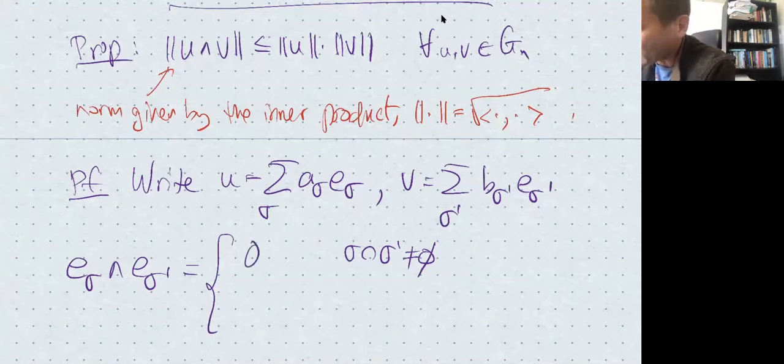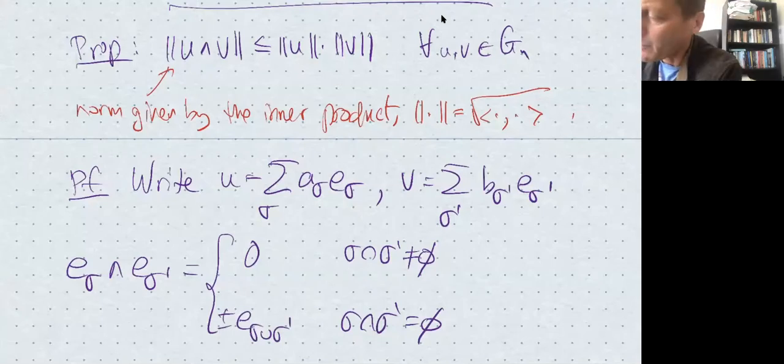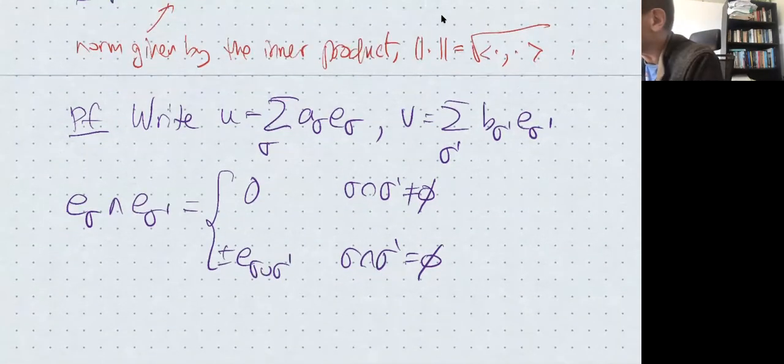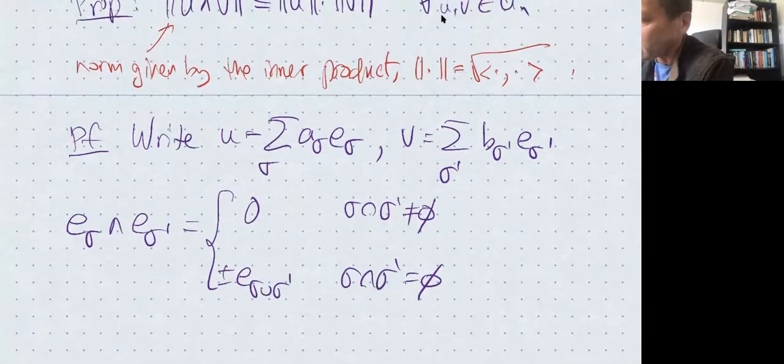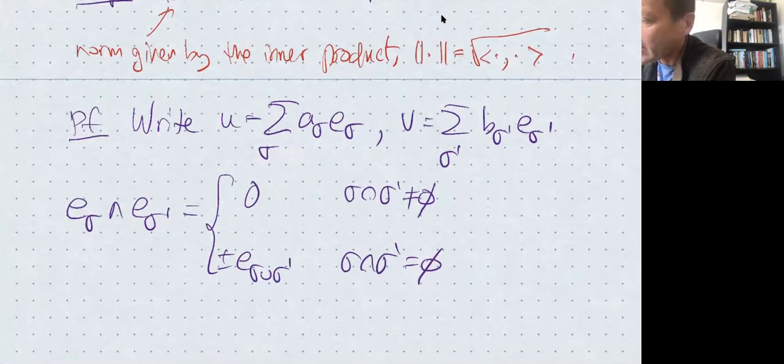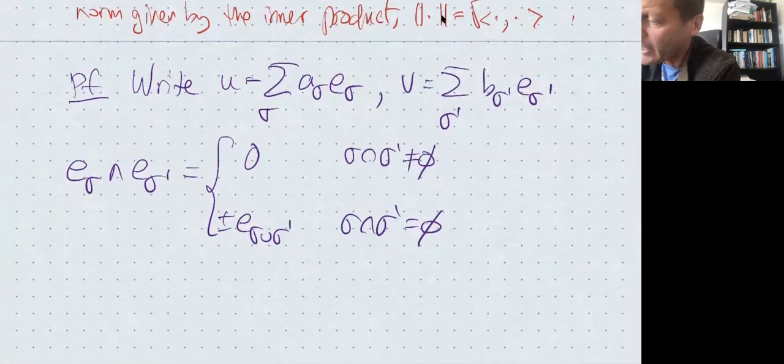Or if they don't intersect, then their union is another multi-index, and the outcome of this exterior power operation, by definition, is plus or minus the corresponding vector given by their union. So once I know that, I can take the exterior power of these two elements using multilinearity.